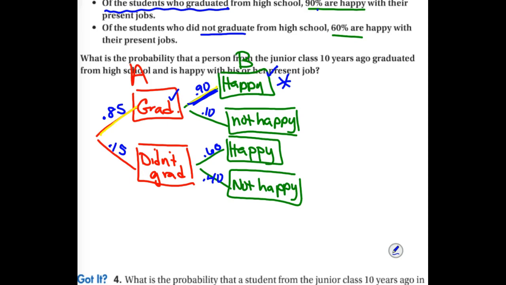So to be graduating and happy, we're going to multiply the 0.85 and the 0.90. So 85% and 90%. Because 90% of these kids are happy. Does that make sense? So what do we get if we take 0.85 times 0.90?